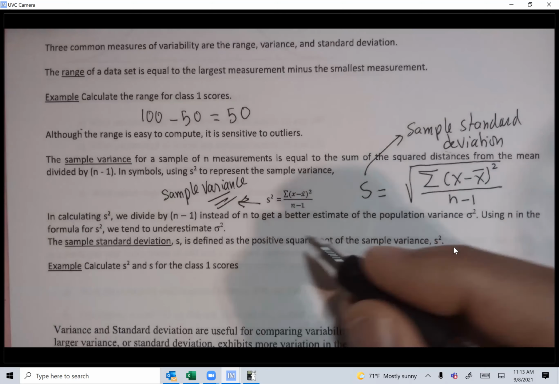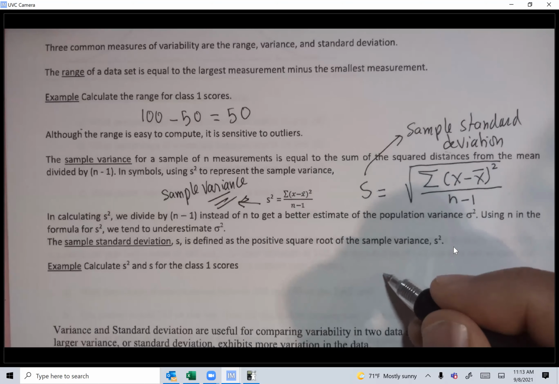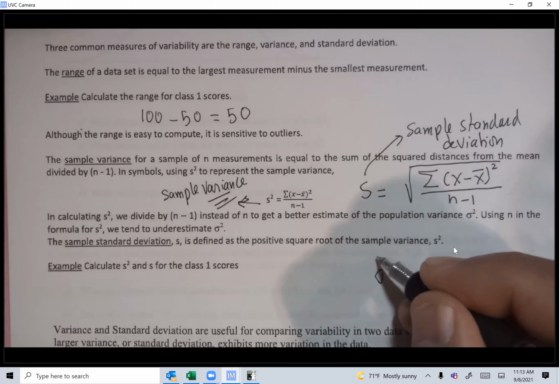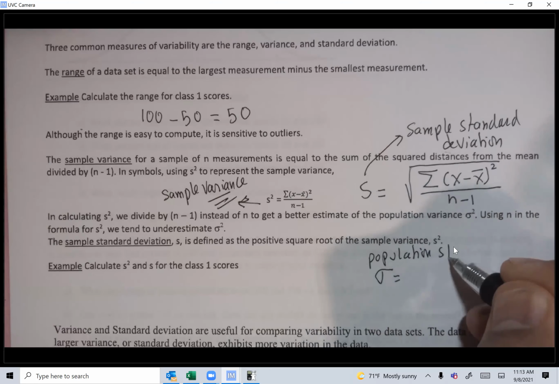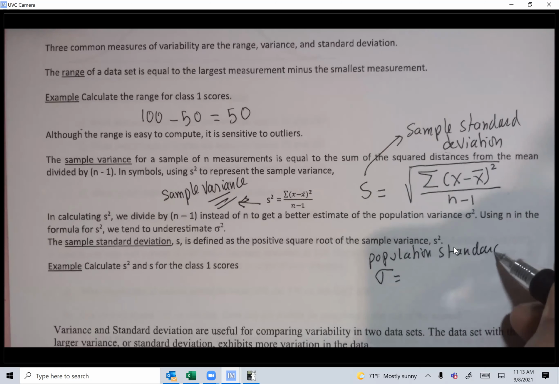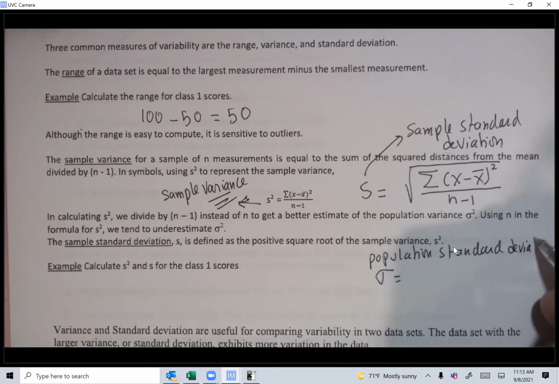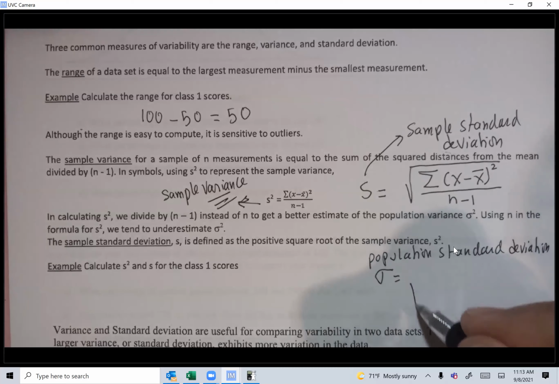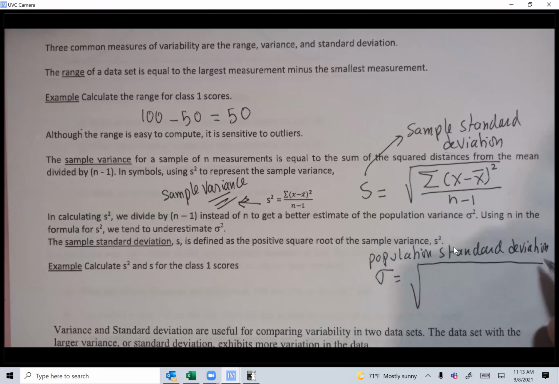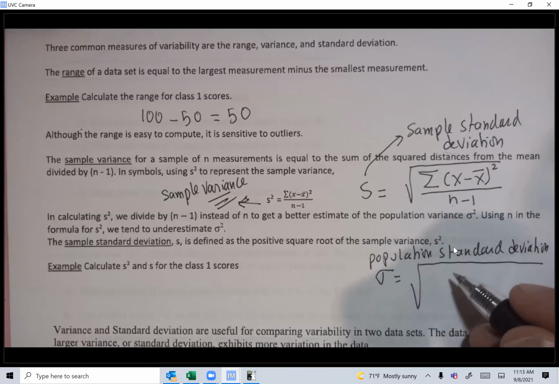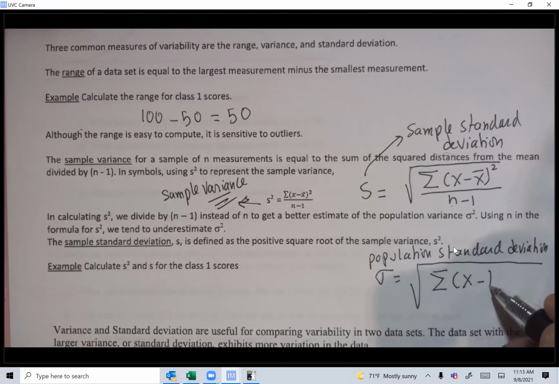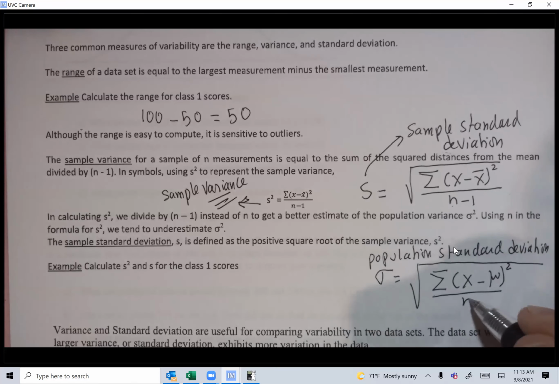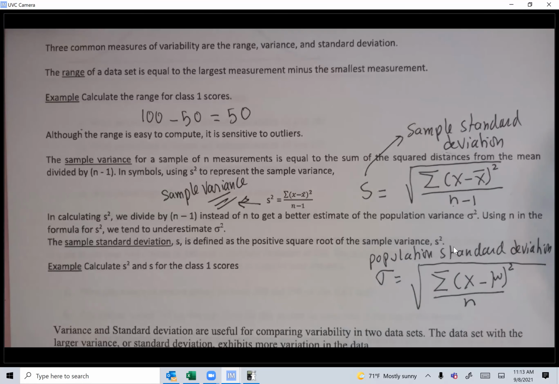Now, for population standard deviation, here's the formula, guys. It's called sigma, which is the population standard deviation. I'm going to write it down. It's the same thing as above, but without n-1, it's n. The mean, when we do population, is called mu. So, divided by n. That's the formula.